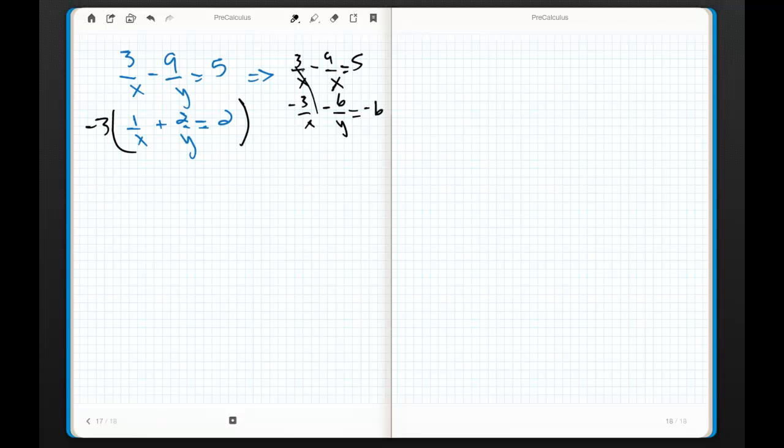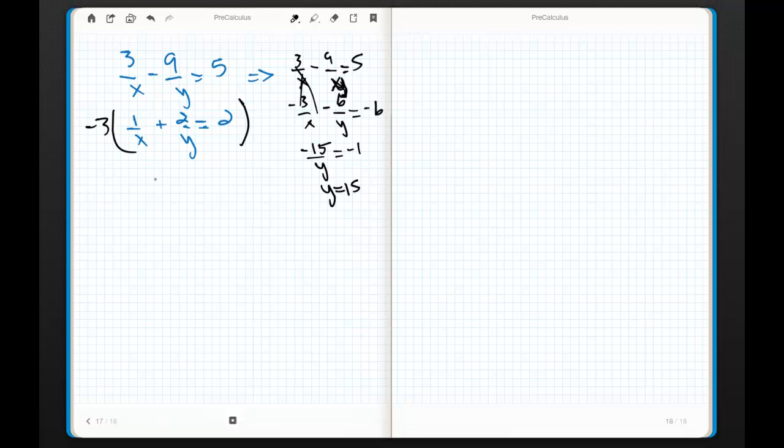Right? These cancel. I end up with negative, whoa, that should have been a y right there. Sorry about that, you guys. I know you're going to yell at me in class for that. That happens. I end up with negative 15 over y, if there is such a thing, equals negative 1, which implies what? Do a little cross multiplication, you end up with y equals 15.